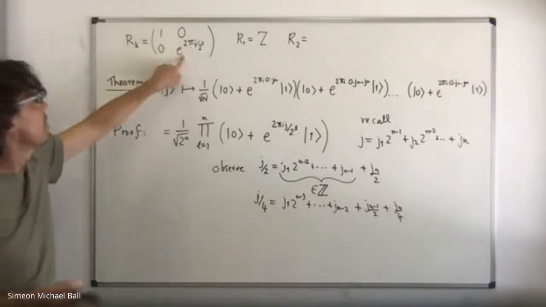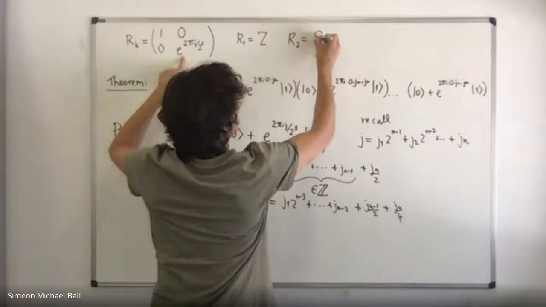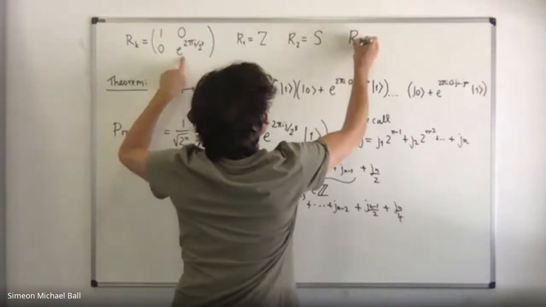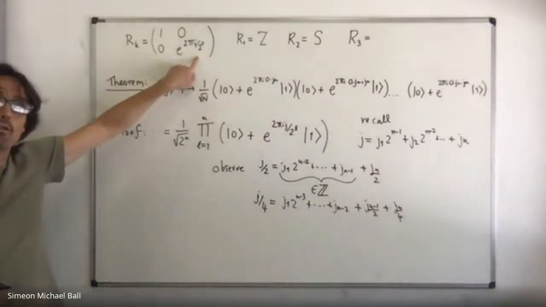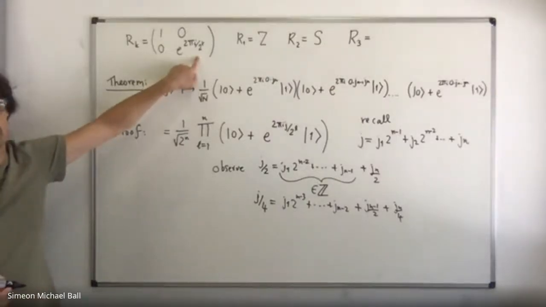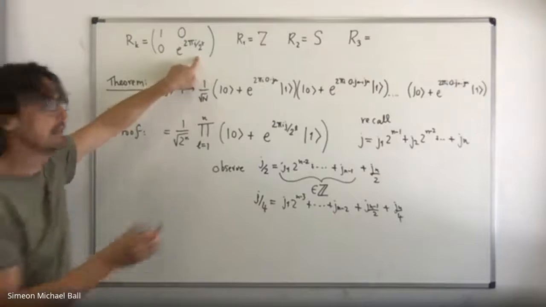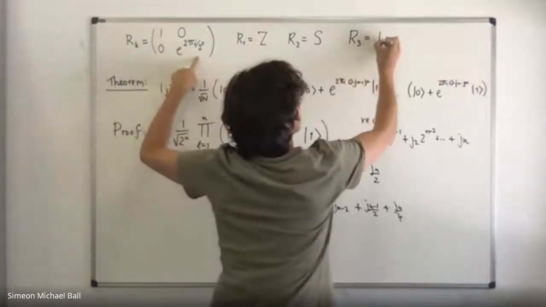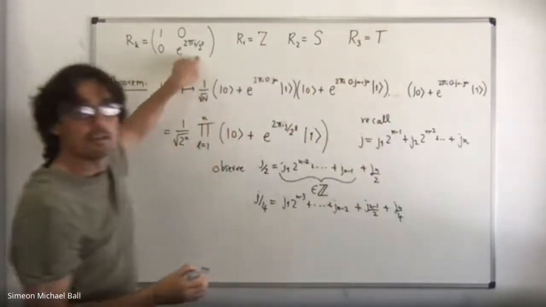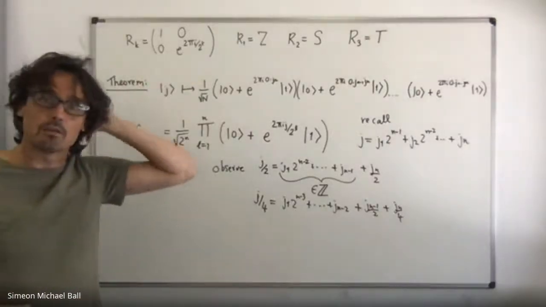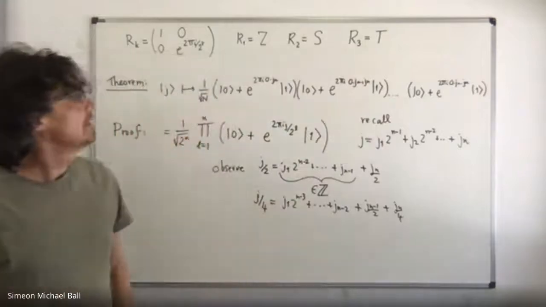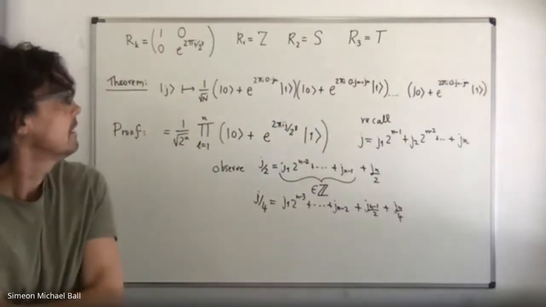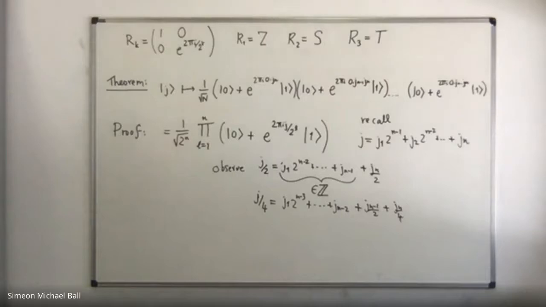This 1, 0, 0, i has got a special name, that's S. And we already saw what happens with this e to the pi i divided by 4, which is called, confusingly, the pi divided by 8 gate, and that we used in our discrete set of universal gates approximation, which was the T.